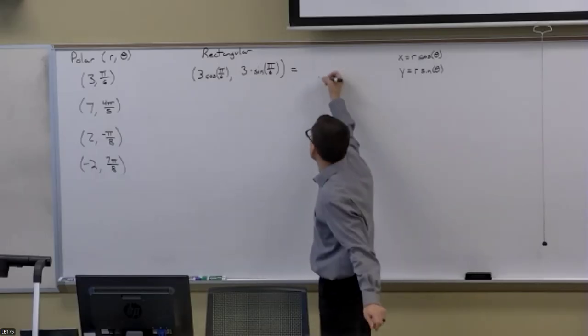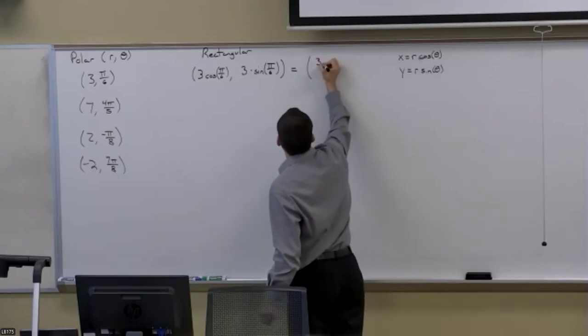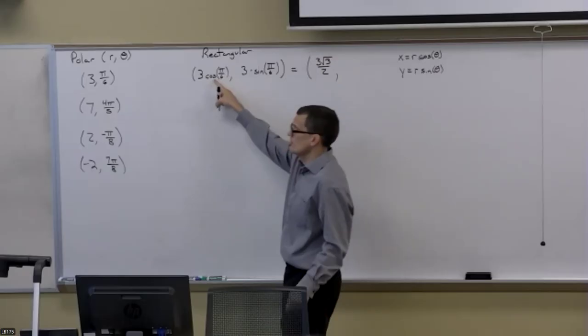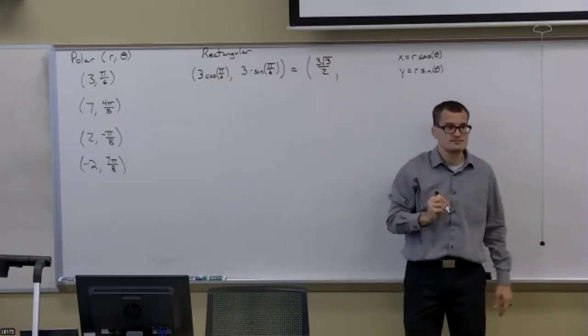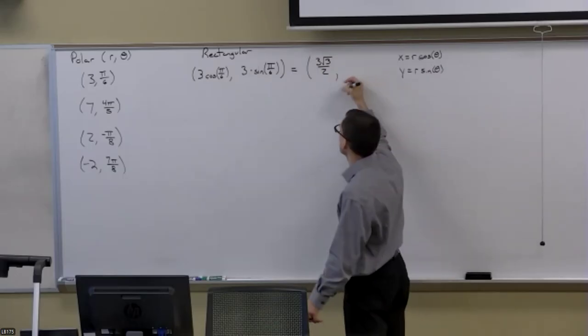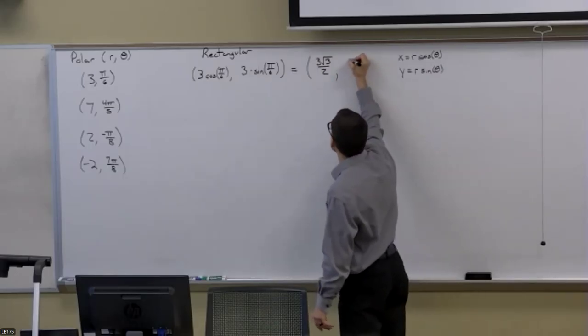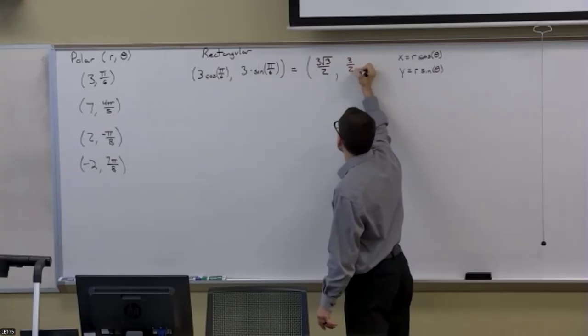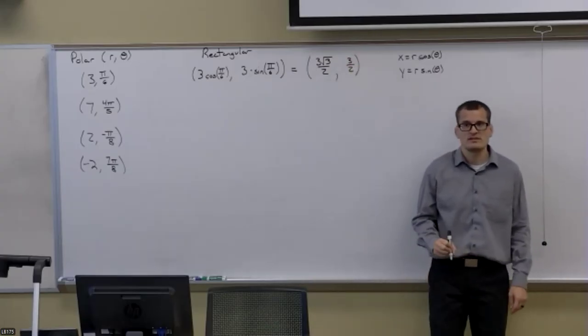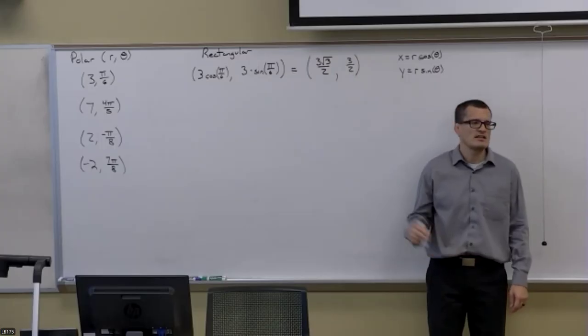So we would get 3 root 3 over 2, because cosine is square root of 3 over 2. And then sine of pi over 6 is 1/2. So we get 3 over 2, or 3 times 1/2, as my y value. I'll leave it like that.